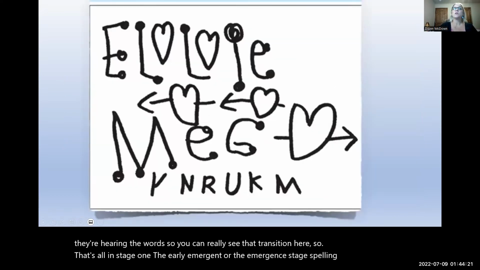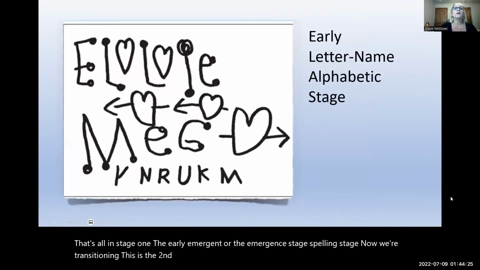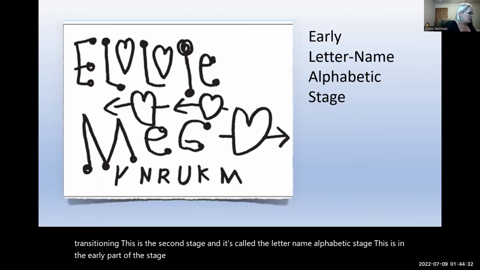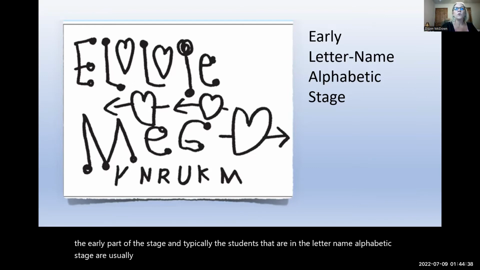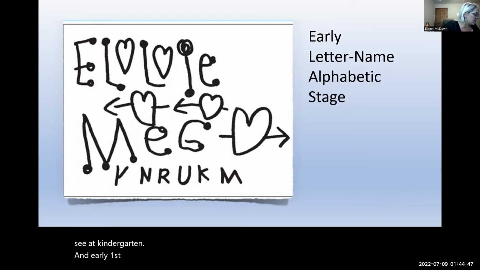Now we're transitioning. This is the second stage, and it's called the letter name alphabetic stage. This is in the early part of the stage. And typically the students that are in the letter name alphabetic stage are usually around the range of 4 to 7 years old. Typically, this is what you see at kindergarten and early first grade, these kinds of spellers.